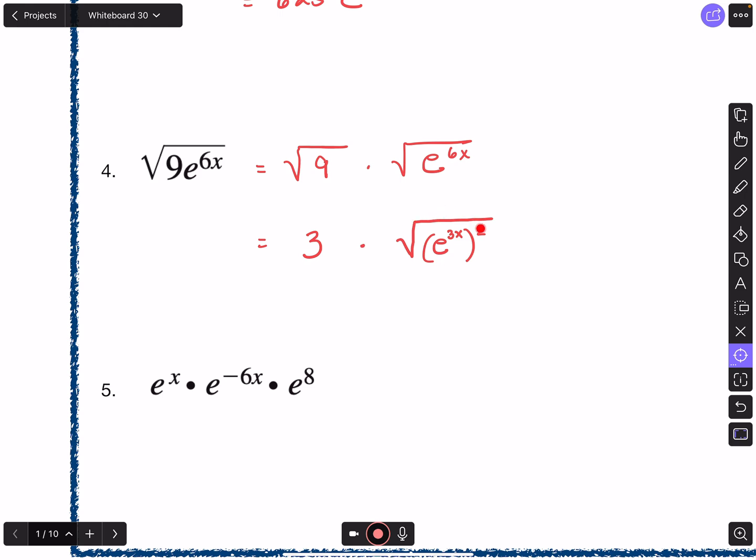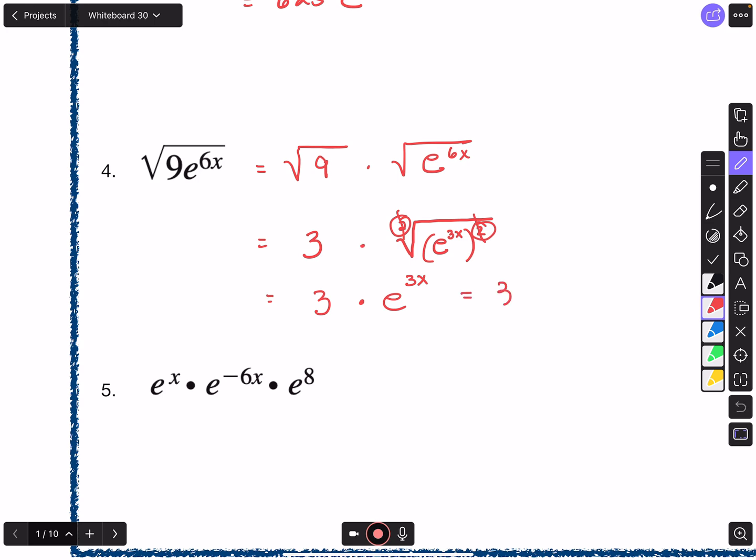And so the square root of a perfect square, they just undo each other, giving you the following: 3 times e to the 3x. So the square root of something squared gives you just e to the 3x, giving you 3e to the 3x. Now you could do it another way.